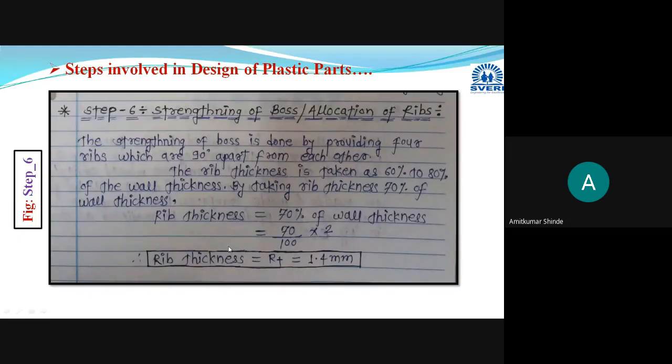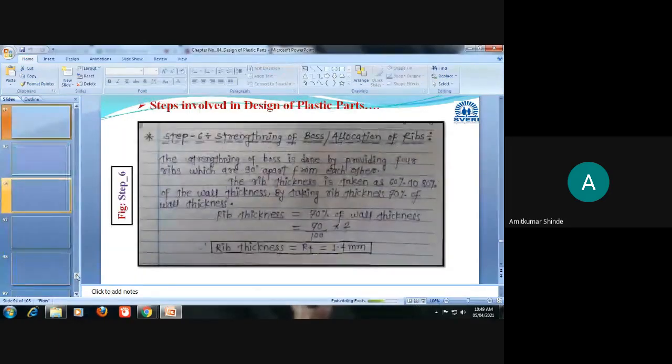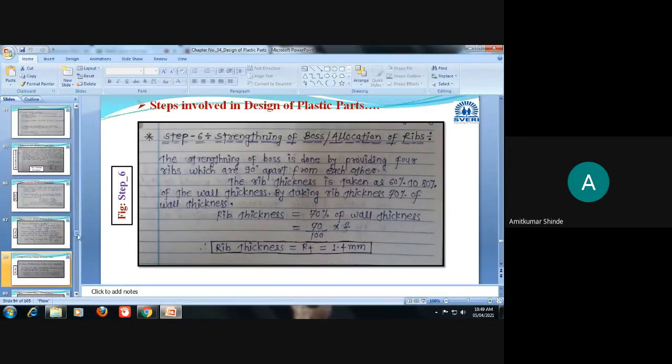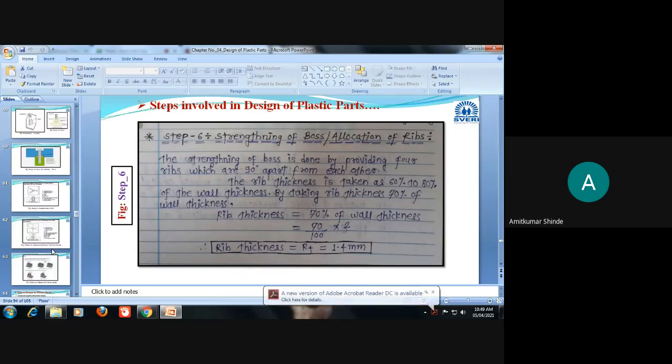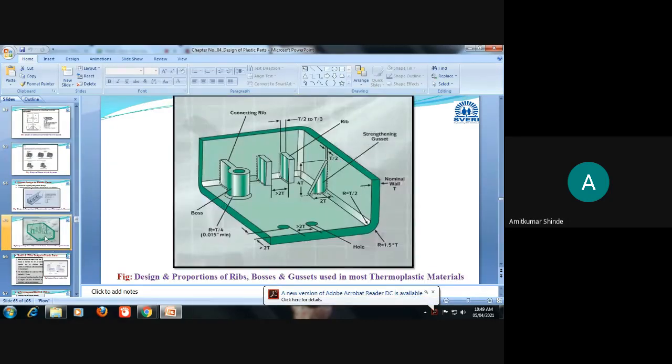For this I will show you one diagram, the diagram of the boss.